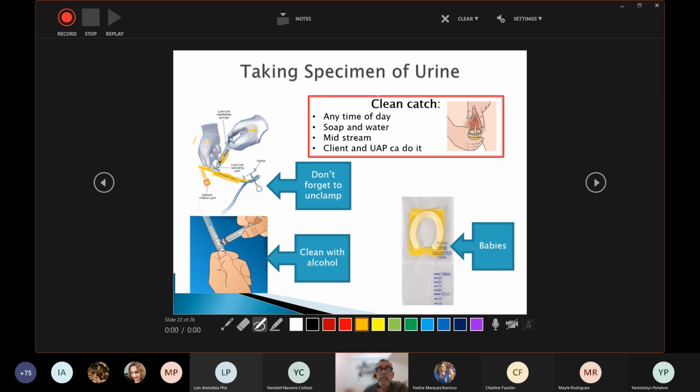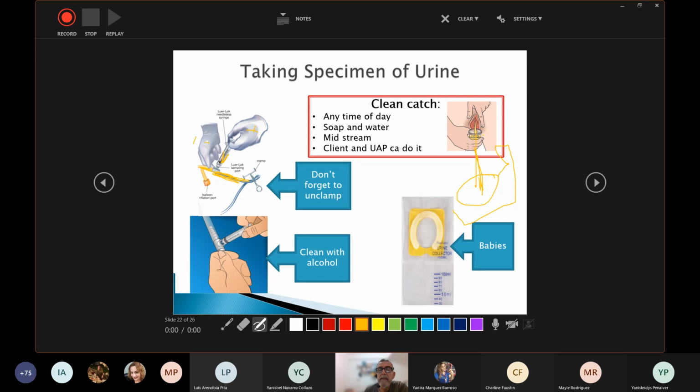In a clean catch, the clean catch is soap and water. So the genitals of the client are cleaned with soap and water. A regular perineal care can be done by the client if competent, or by the CNA. And then you ask the client to start peeing, and the first part of the stream is going to the toilet, is going to be discarded.